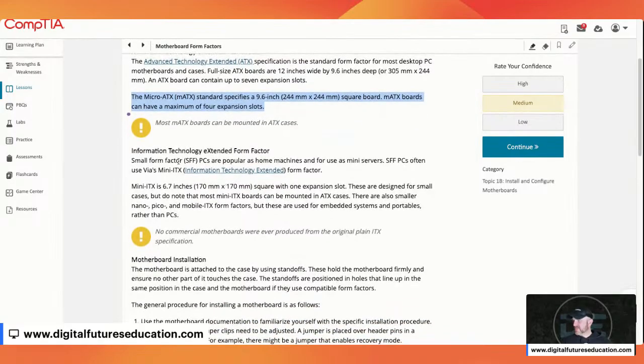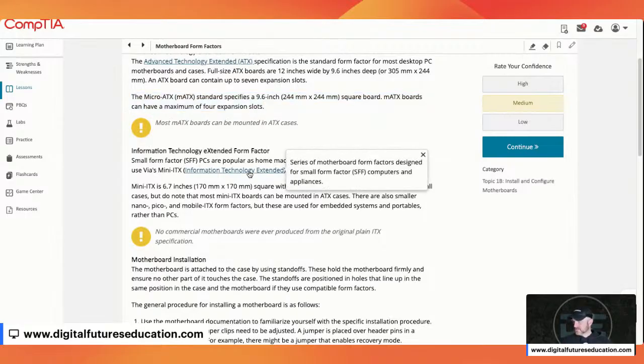And then we have the Information Technology Extended form factor, which is a series of motherboard form factors designed for small form factor computers and appliances. The mini ITX is 6.7 inches square with one expansion slot. These are designed for small cases.